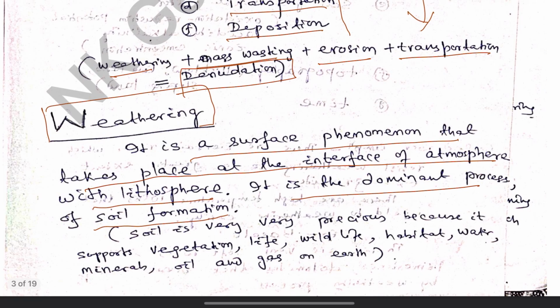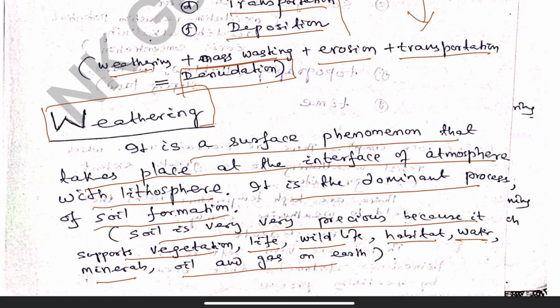The end product of weathering is the formation of soil and regolith. We know soil is very precious because it supports vegetation, life, wildlife, habitat, water, minerals, oil and gas on the earth's surface. And this is an extremely slow process.